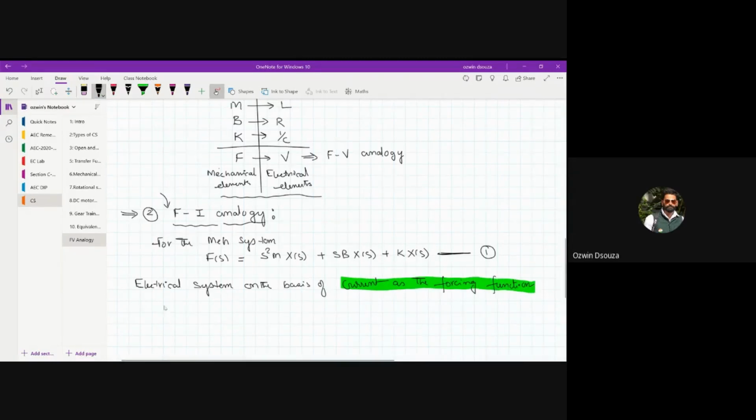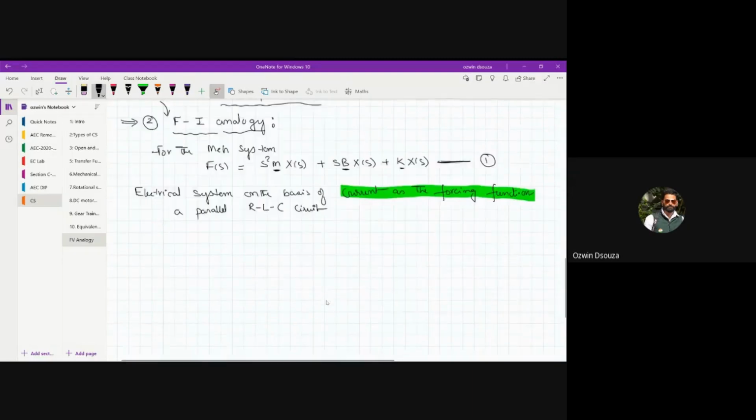Now, what kind of circuit are you going to use? You have to use a 3-element electrical network because in mechanical system you have the 3 elements as mass, dashpot, and spring. So over here we are going to use a parallel RLC circuit. So for current analogy, we are going to consider a parallel RLC circuit.